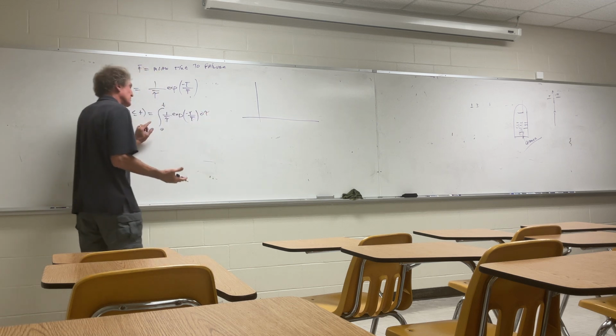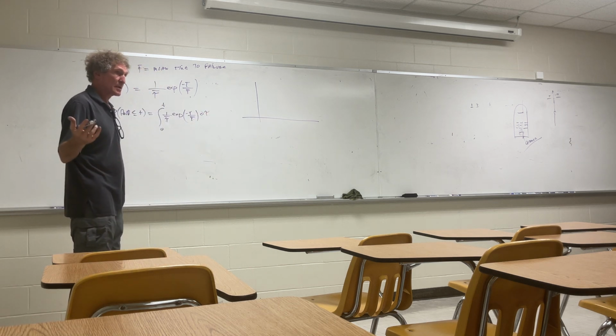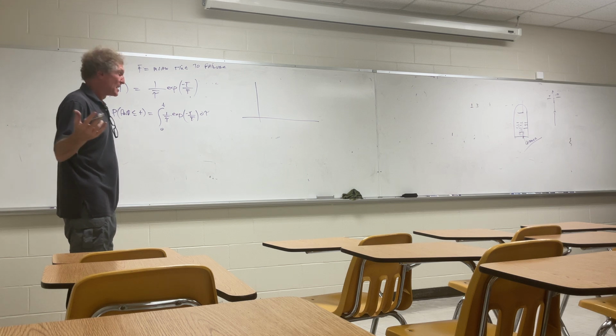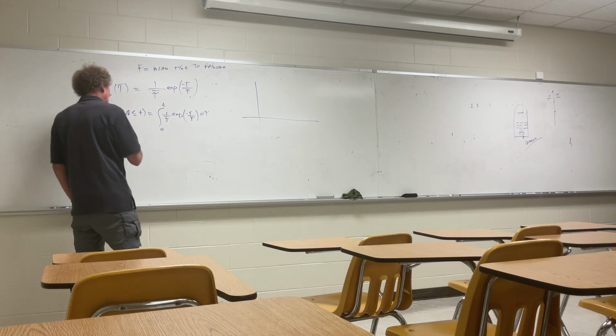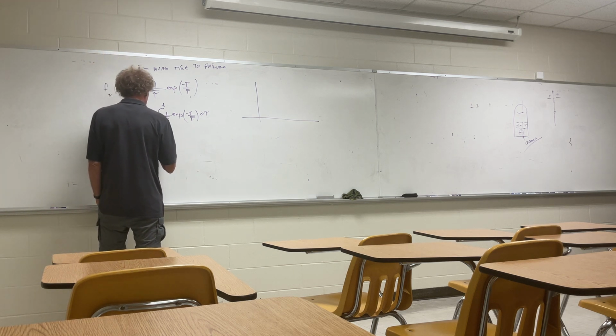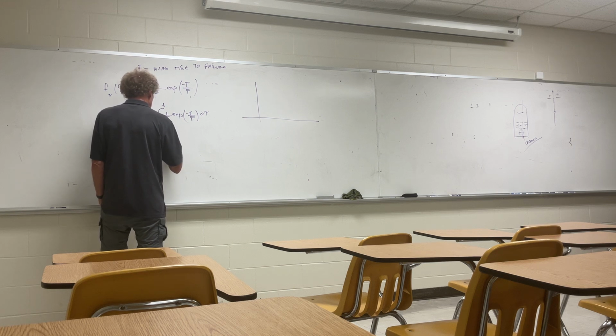The only thing I'm trying to do is show you, I'm integrating that just like you would any density function. So this is the probability a failure happens by time t. Well, if you integrate this thing, you're going to get basically e to the minus tau over tau bar, evaluated from 0 to t.